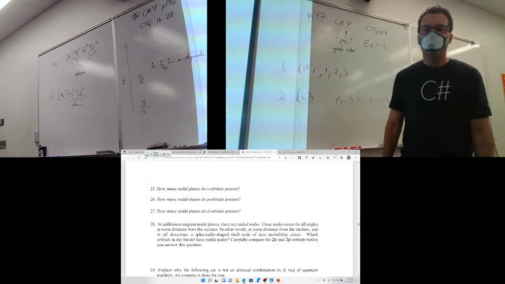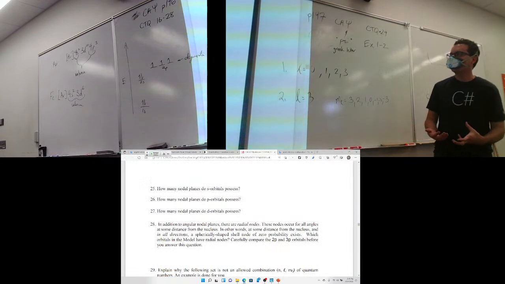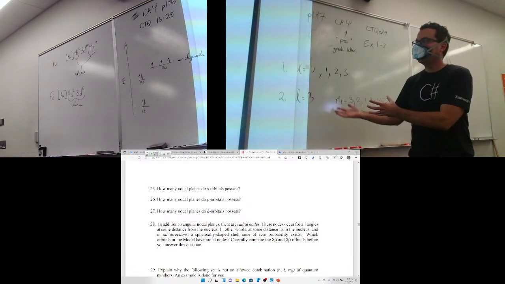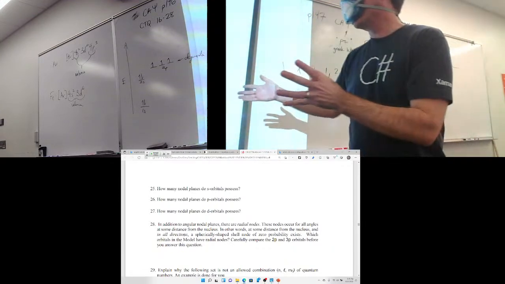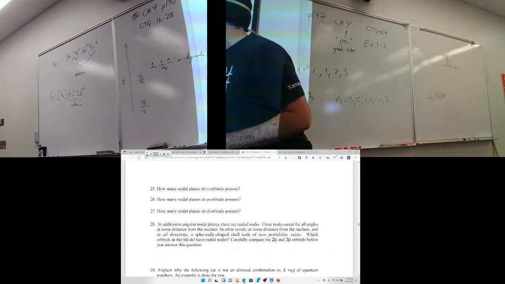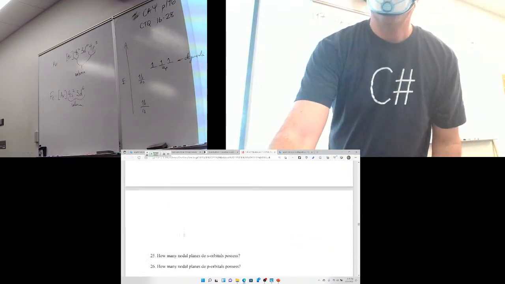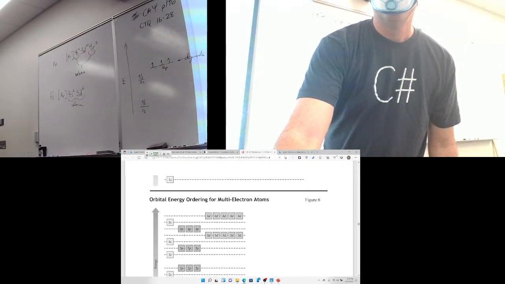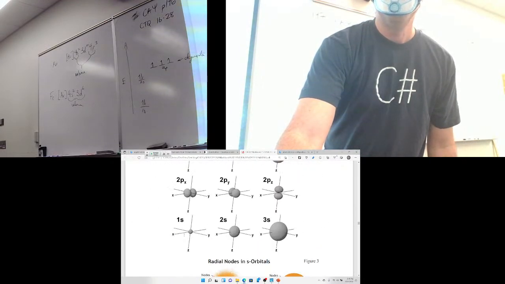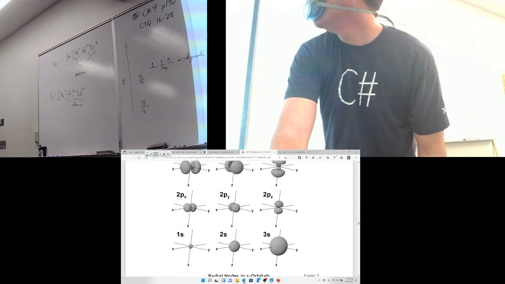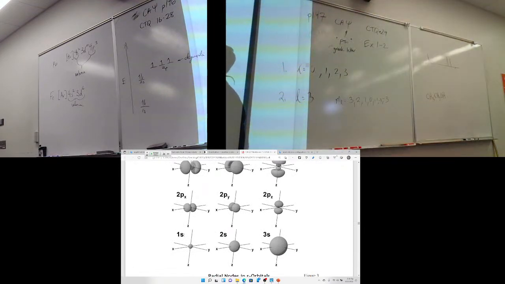And so, you get radial nodes after you get past that first shell where those orbitals start existing. So for the 2p and the 3p, we go back to see what a 2p and a 3p look like. All right, here's the 2p. This is where you start seeing the p orbitals, shell 2. You have the angular nodal plane, the one that goes through 0, but there's nothing else.